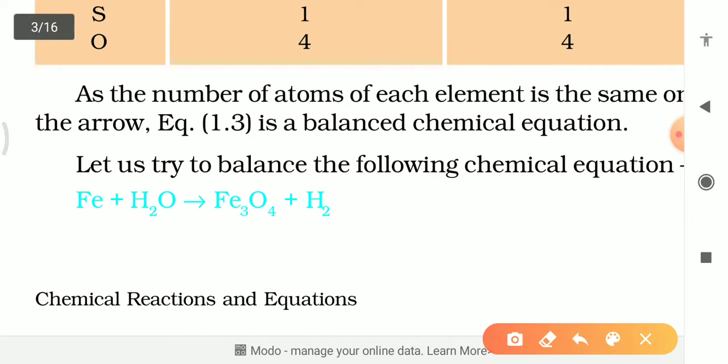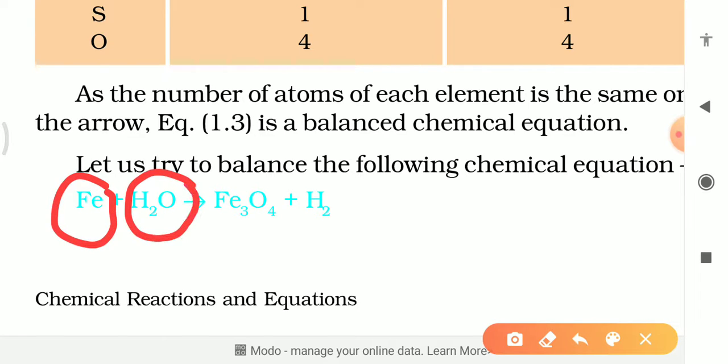See here, Fe is the symbol of iron. H2O is the symbol of water. When iron is combined with water, it will give rise to ferrous ferric oxide. How is it ferrous ferric oxide?